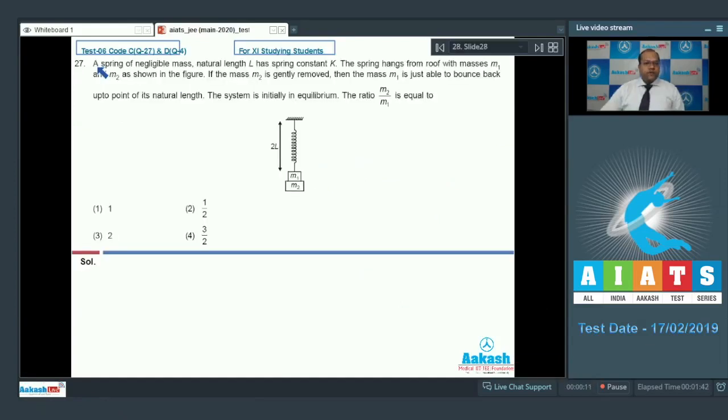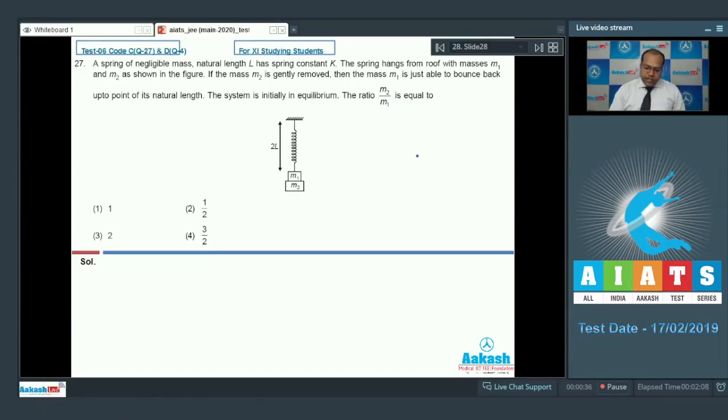In question number 27, a spring of negligible mass, natural length L, has a spring constant K. The spring hangs from roof with mass M1 and M2 as shown in the figure. If the mass M2 is gently removed, then the mass M1 is just able to bounce back up to point of its natural length. The system is initially in equilibrium. The ratio M2 by M1 is equal to.